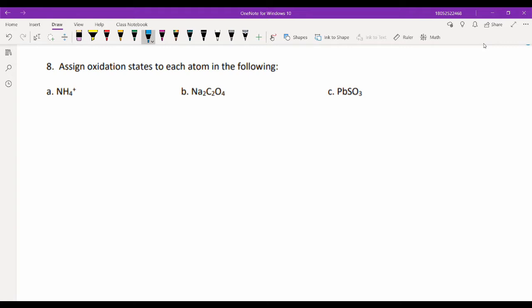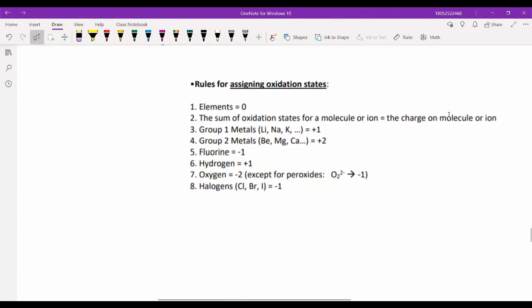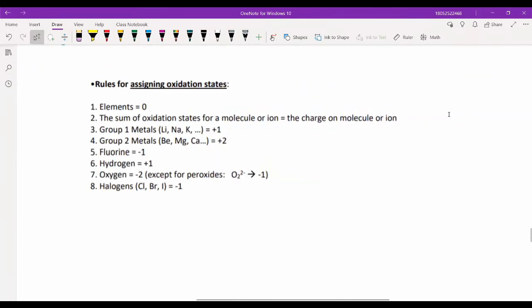We're going to cover oxidation states, specifically how to assign them and how to use them to tell if a reaction is a redox reaction. At the end of this worksheet, I have some information on redox, and one part of it is how to assign oxidation states. A lot of this you know from charges of ions, and in those cases the charge of the ion is exactly the same thing as the oxidation state.